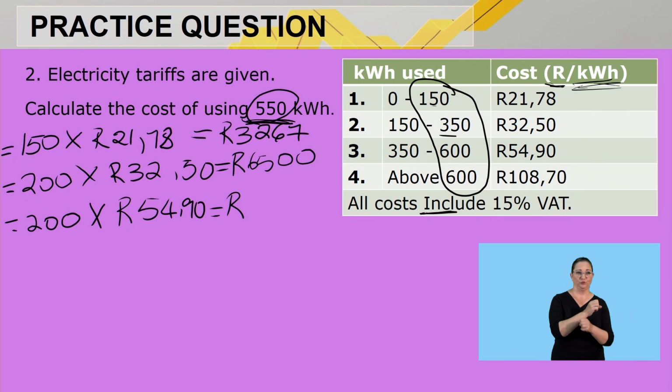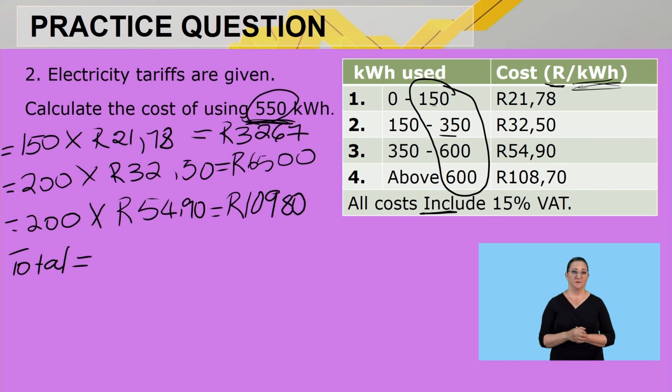Then in block number 3, having your 200 kilowatts multiplied by 54 Rand 90 cents, let me get that. 200 multiplied by 54 Rand 90. Working that out, it gives us 10,980.